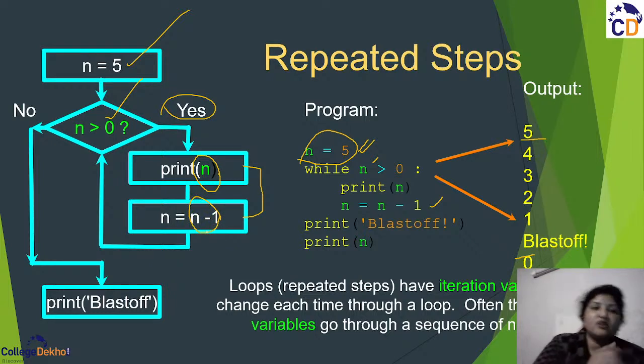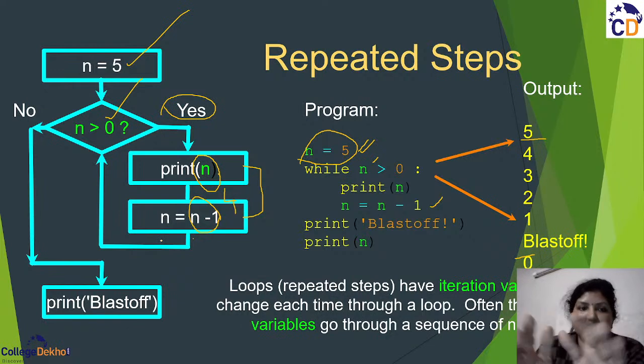When you have 0 greater than 0, it won't be executing, it won't be entering the loop part, right? Now this is 5, then comes 4. Again 4 is greater than 0, yes, so the loop body is executed again. Again 3, 2 and 1. 1 is greater than 0, yes, so 1 would be printed.